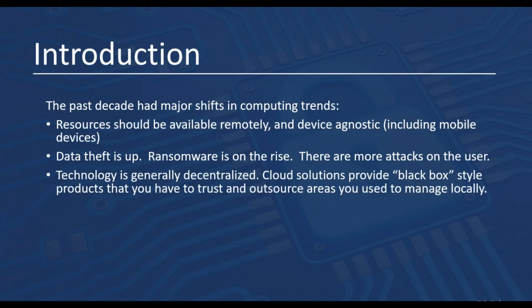Technology is just getting way more decentralized. With these cloud solutions, you see these black box products that you have to trust and outsource areas you used to manage locally. I remember I started in the MSP space in 2005, and everything had its server in-house. You had your database server for whatever application you had, your file server, your domain controller, your email server.